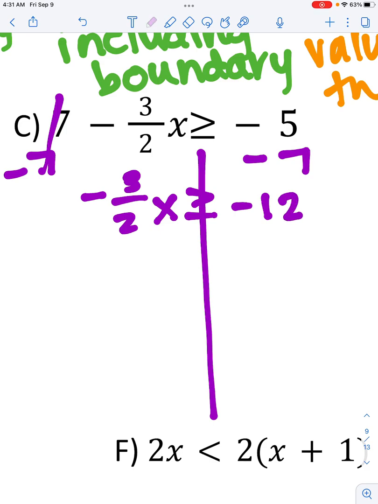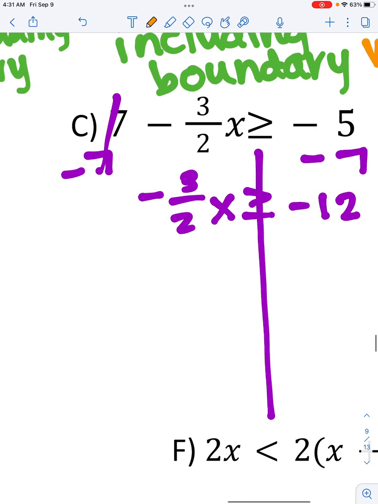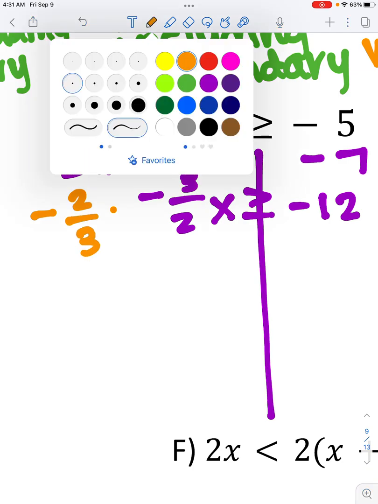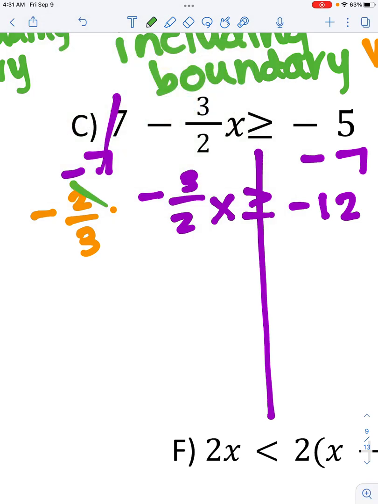And then to get rid of this negative 3/2, I can either do 2 steps, multiply by the 2 to cancel that, and then divide by 3, or just to save room, I can multiply by the flip of that fraction. So if I multiply by 2/3, that will end up canceling both the 2 and the 3.